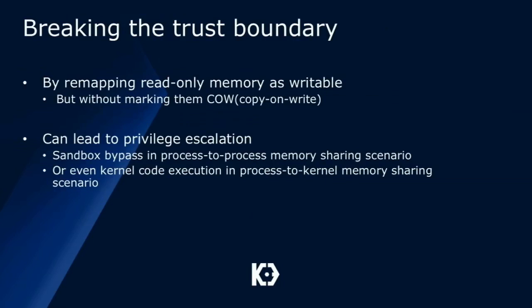But you need to make sure that the memory is remapped as writable without marking it copy-on-write. Otherwise, another copy of the physical memory will be introduced and you are not able to mutate the original physical copy of the mapping. And once that is done, it can lead to privilege escalation.